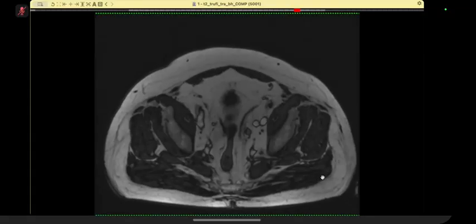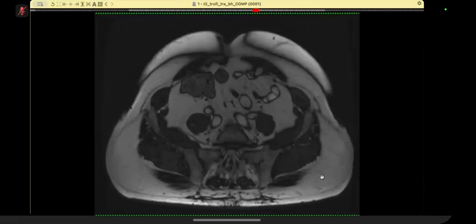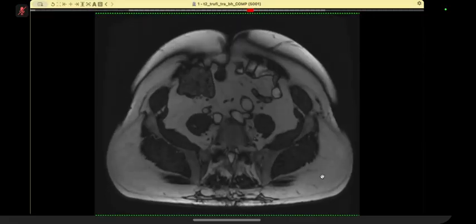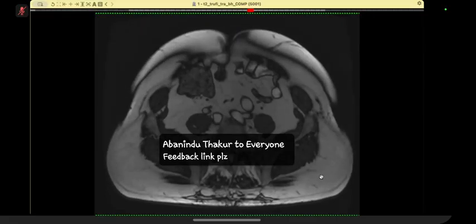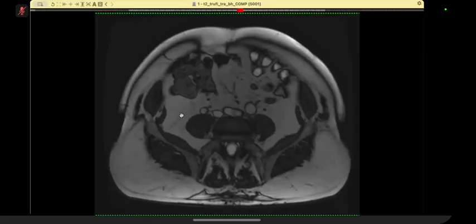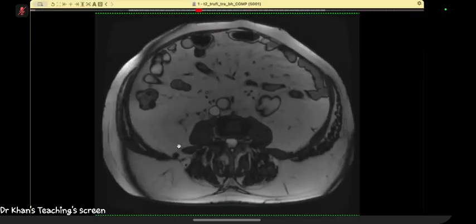So these are axial MRI T2 weighted images, in which I see that the left ureter is dilated. Give me the final conclusion.